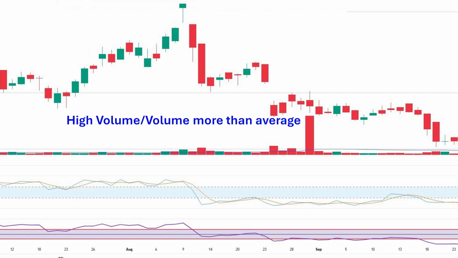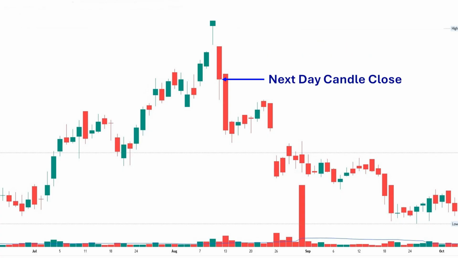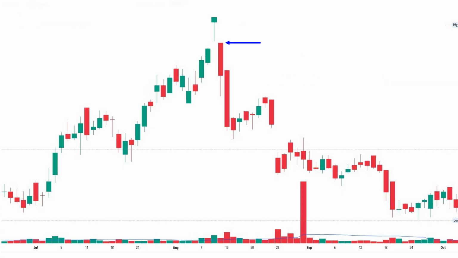The hanging man has formed with larger volume than previous candles, showing active participation. Then wait for the next candle to close below the hanging man's low. The entry is short when price breaks below the hanging man's low intraday with volume confirmation.